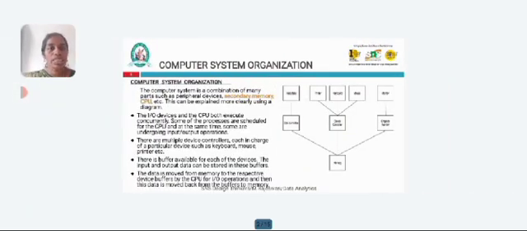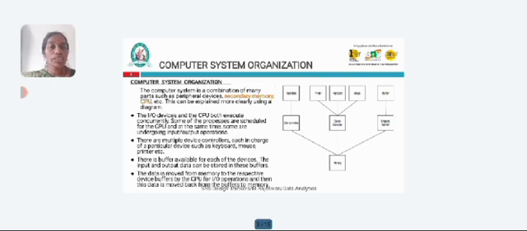Computer system organization. The computer system is a combination of many parts such as peripheral devices, secondary memory, CPU, etc. This can be explained more clearly using a diagram. This diagram shows the picture of the computer system organization. It has the components of a computer and represents them pictorially.